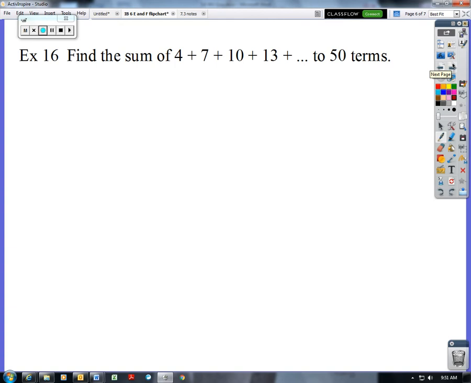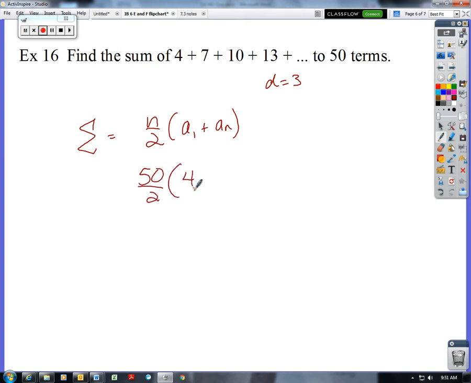Now we'll put this to use. So first, if you were confronted with this, you wouldn't necessarily know what type of sequence it is. So you would look at it and you'd notice that it is arithmetic. It's increasing by 3 each time, so the d is 3. And so we need to use the sum formula. N over 2 times, I'm going to use a sub 1. N is 50, because it tells us there's 50 terms. We know the first one is 4.